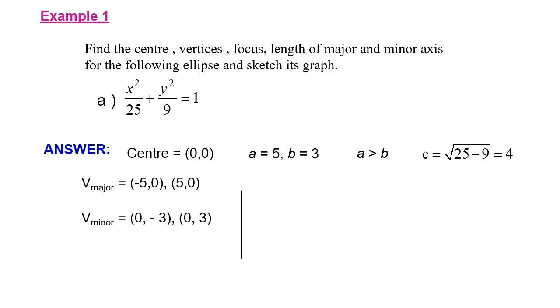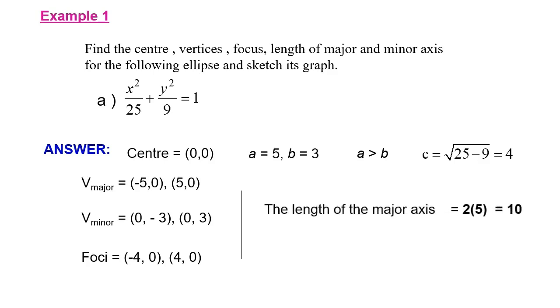And for minor vertices, it is in the direction of y, so we substitute the value of b, plus minus b, so it will be 0, negative 3 and 0, 3 for the minor vertices. And then next for the foci, we use the value of c here. So plus minus c, so the foci are negative 4, 0 and 4, 0.